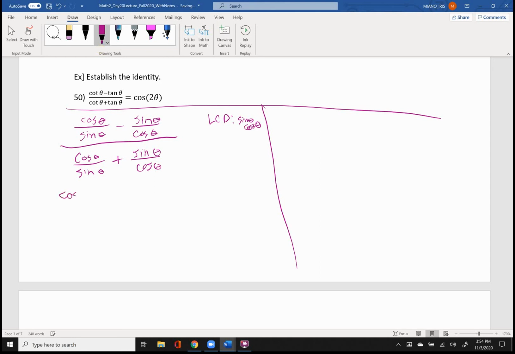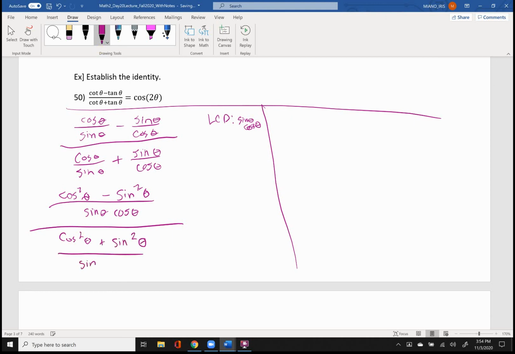So that'll turn into a cosine squared theta minus sine squared theta over sine theta cosine theta all over, again, cosine squared theta, excuse me, plus sine squared theta over sine theta cosine theta.